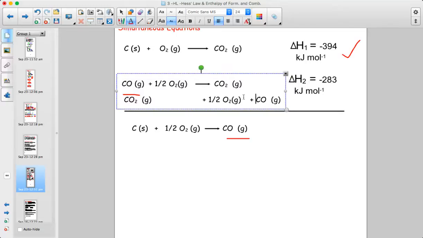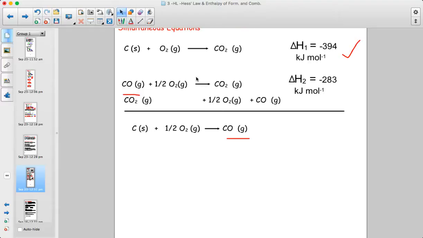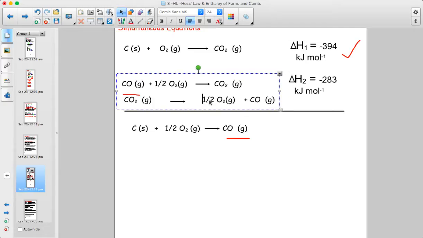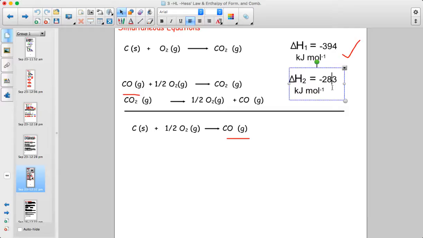And when you flip an equation, you flip its enthalpy change. And I'll go over that again, but essentially, if I instead write the equation this way, then instead of the enthalpy change being this, it ends up being positive 283 kilojoules per mole.